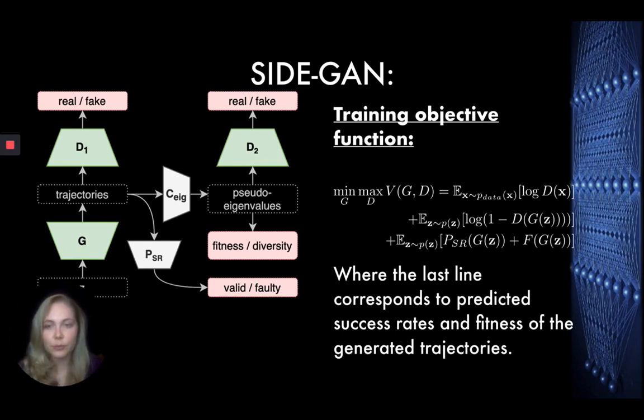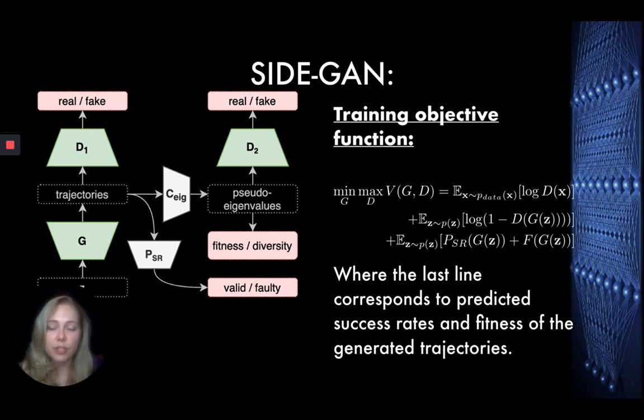So if you look at this scheme, the gray parts of the scheme are pre-trained and the weights are fixed for the training time of the rest of the GAN. So first of them, the predictor, predicts the validity or faultiness of the trajectory. What do we mean by that?